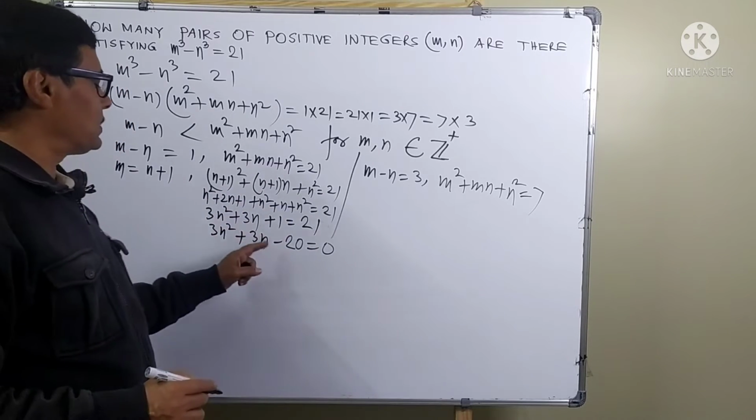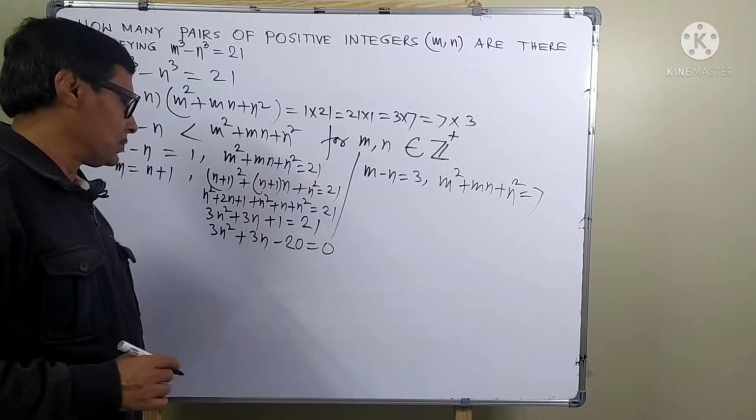So, 3n square plus 3n minus 20 is equal to 0.